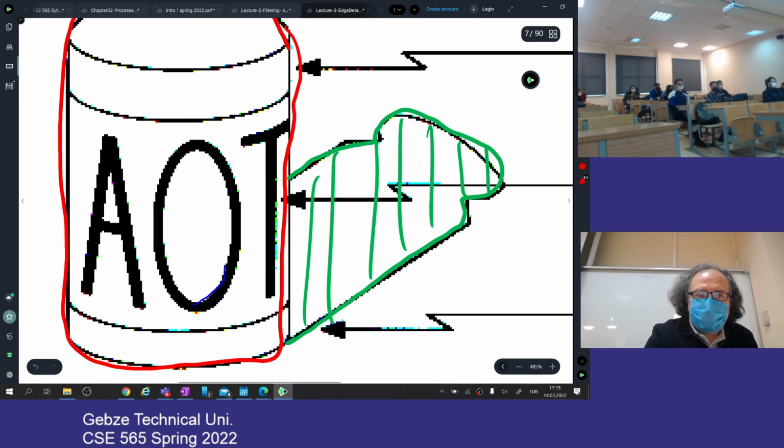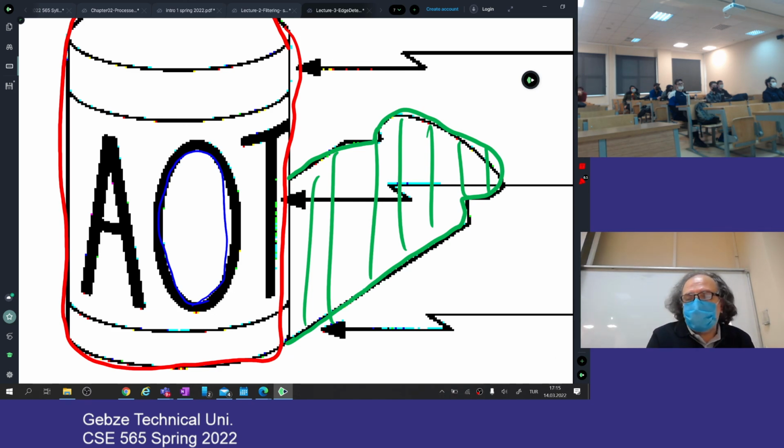What else? Well, definitely I am going to find an edge around these letters. These edges don't correspond to objects, they don't correspond to illumination changes, but they correspond to object surface feature differences. On my object surface, there are these writings, right? And I'm going to produce these edges, and they don't correspond to the objects.